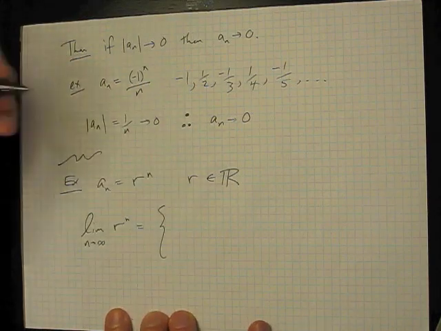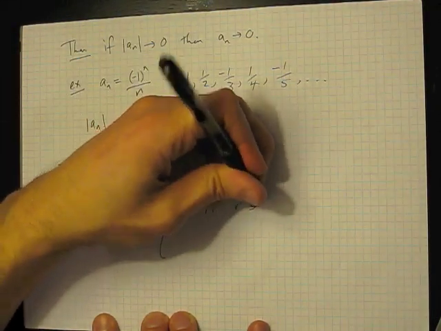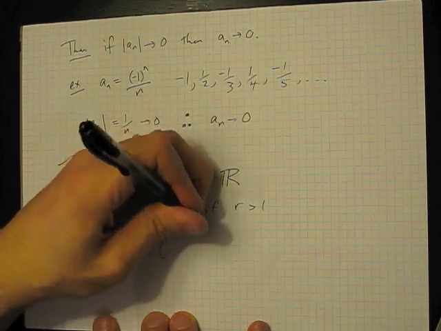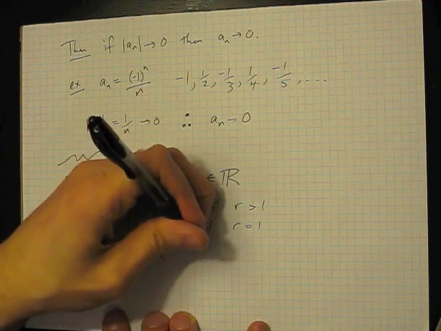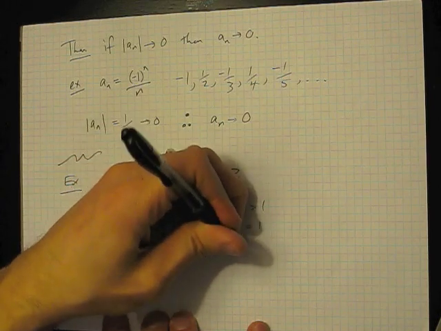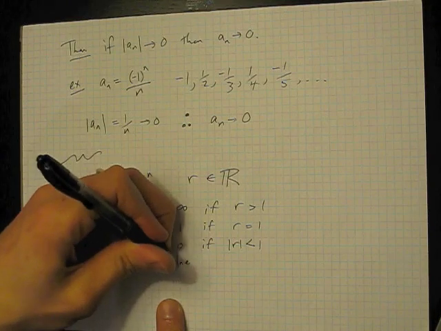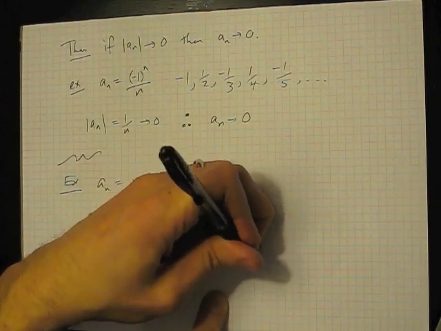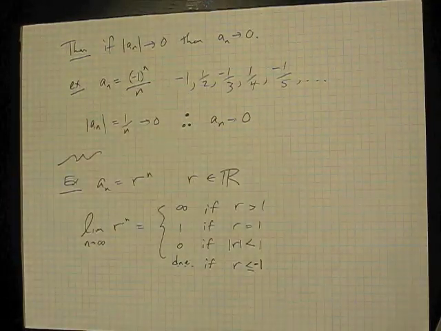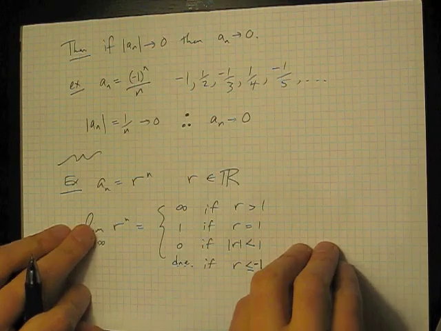What we computed in class was that this was equal to infinity if r was bigger than 1. It's 1 if r is equal to 1. It's 0 if r is less than 1 in absolute value, and it does not exist if r is less than or equal to minus 1. So these were the results for our sequences section.